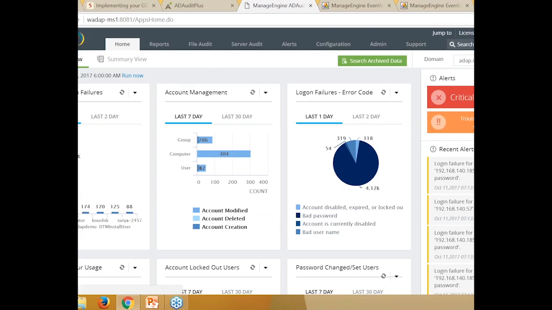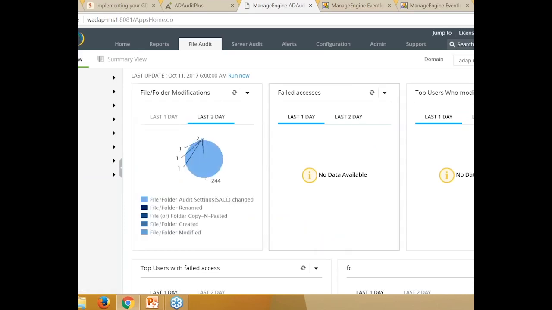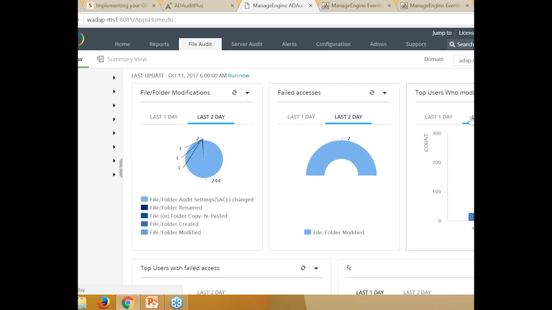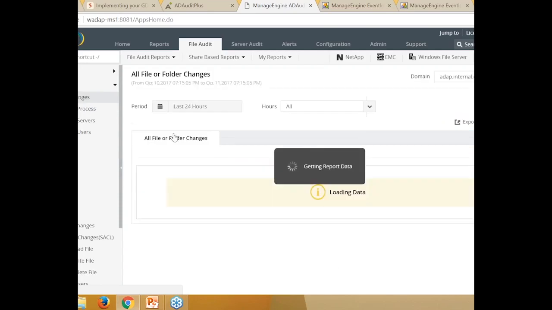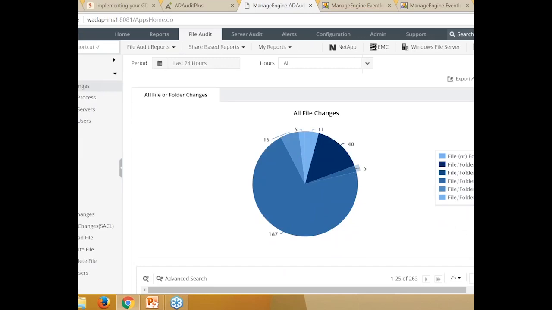But coming back to auditing our files and folders themselves, you've got a component here specifically for auditing your files and folders. And what you can see here is essentially a bunch of reports. Maybe let me just look at, say, all file and folder changes. So you can see all the deletes, the creations, the modifications, the files and folders that were moved, and the files and folders that were renamed for a particular time duration on your file server.